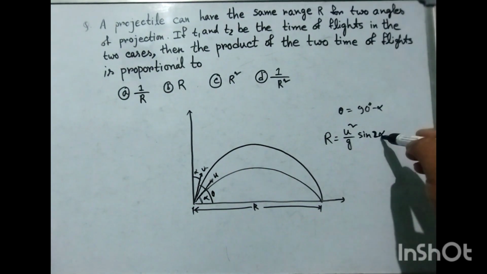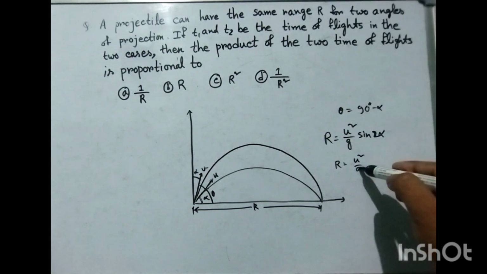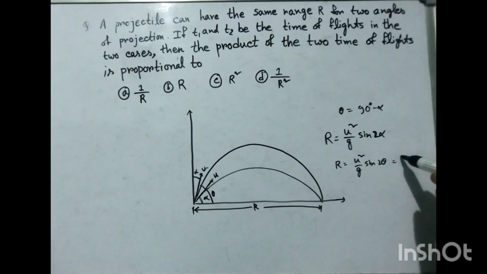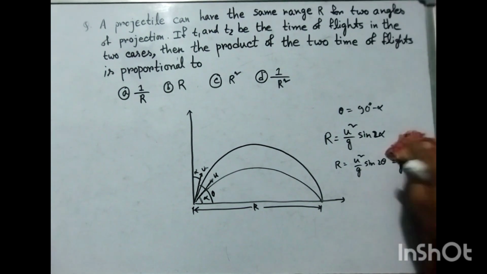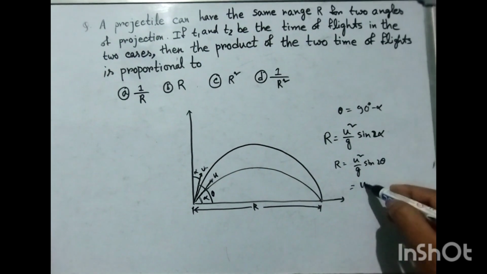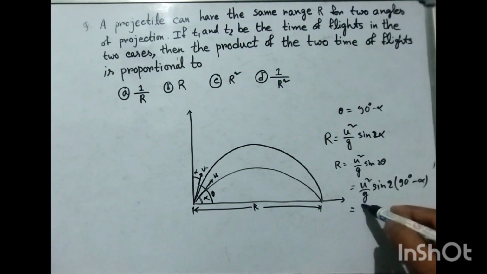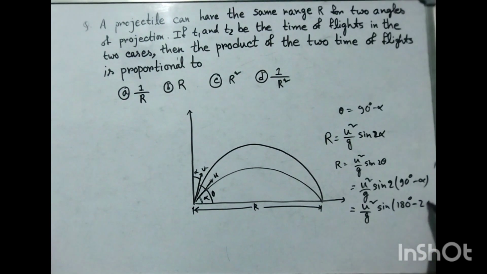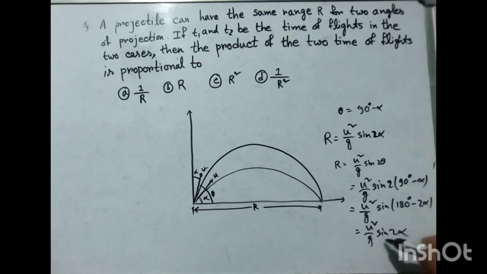So if you find u square by g sine 2 theta for this angle, it becomes u square by g sine 2 into 90 degree minus alpha, so that is u square by g sine 180 degree minus 2 alpha, which is u square by g sine 2 alpha.